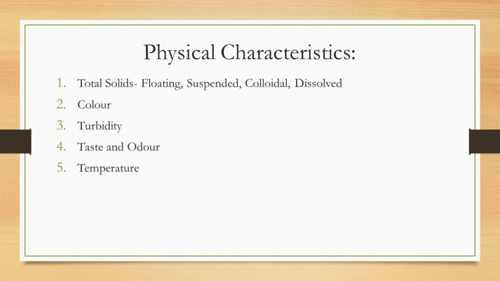Next, that is turbidity. What is turbidity? Turbidity is nothing but the presence of colloidal solid, which may be clay, silt particles, or microorganisms. This presence of mud, clay, algae, and microorganisms in water makes the water turbid, and that is called turbidity of water.